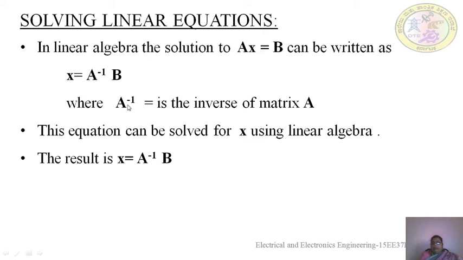We find its inverse and then multiply it with the vector b, and then we get the answers for the unknown values.